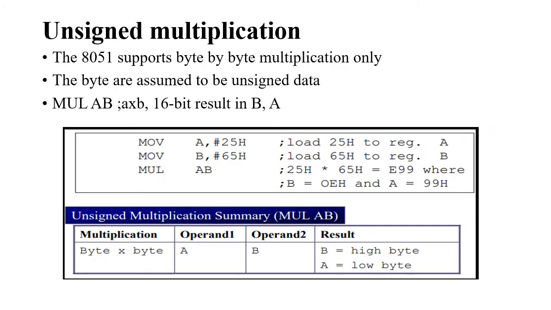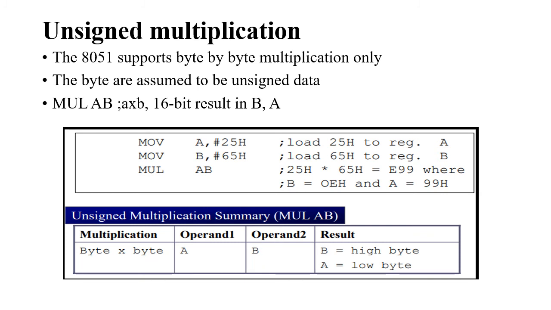In this slide, we will be discussing multiplication of unsigned numbers. 8051 supports byte by byte multiplication only. That means A will have 1 byte and B will have 1 byte.